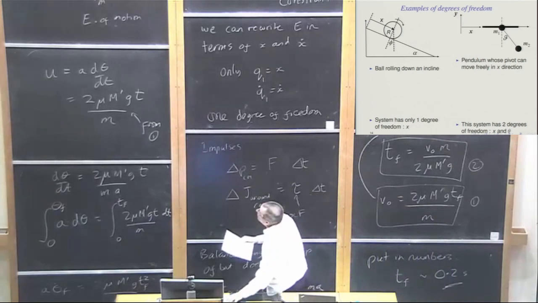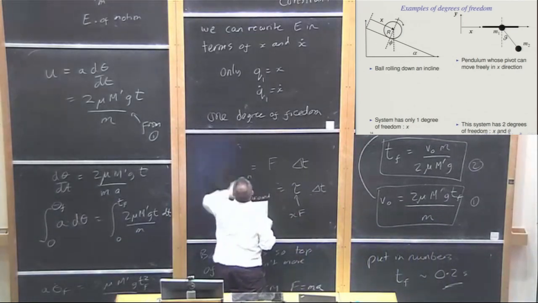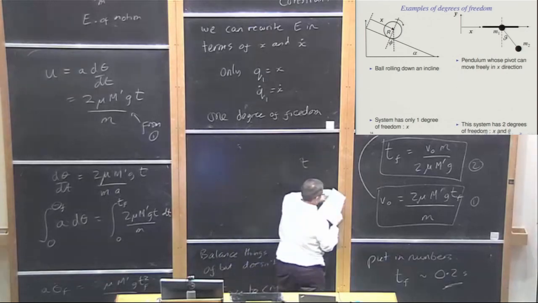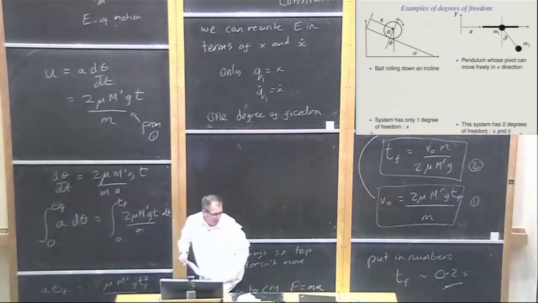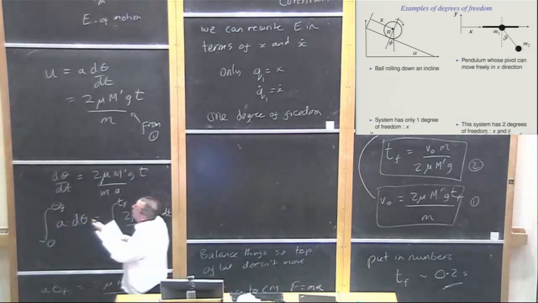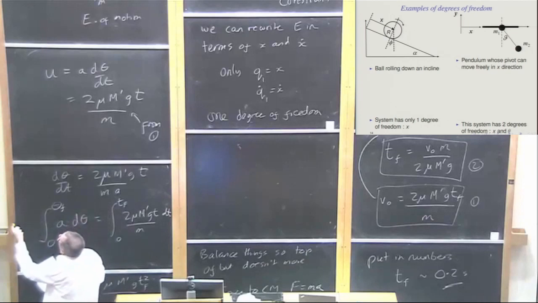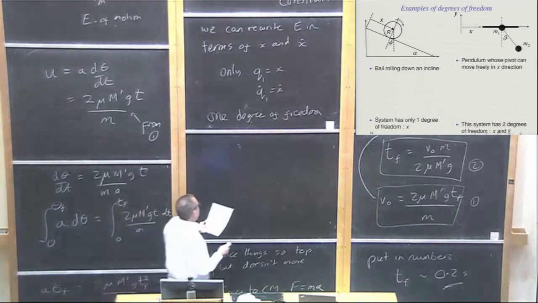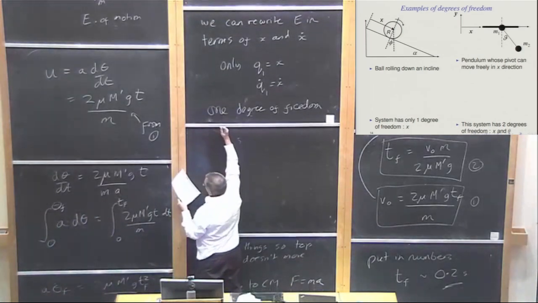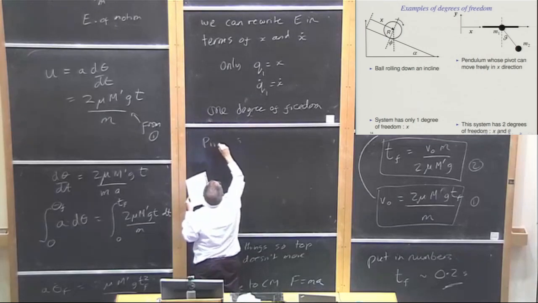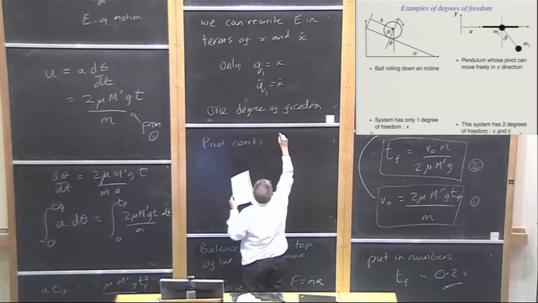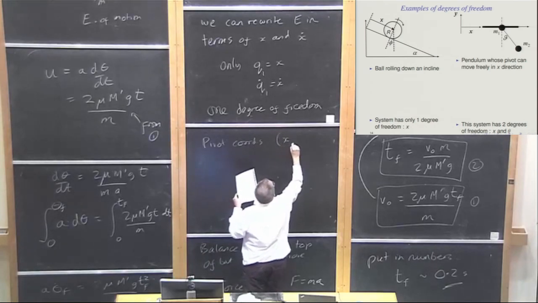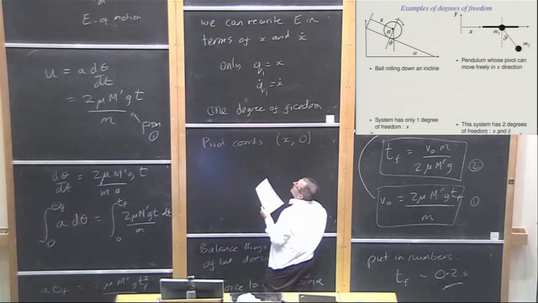Okay. Let's consider a second case. So we have this pendulum, which is a normal pendulum, but it's actually on a trolley which can move backwards and forwards. So we need to worry both about x and about theta. So the pivot coordinates are x, which can vary, and some y, which is fixed, okay?